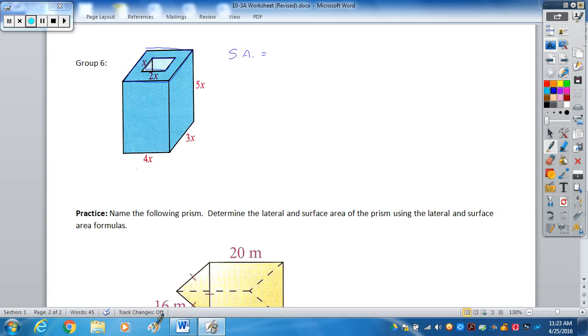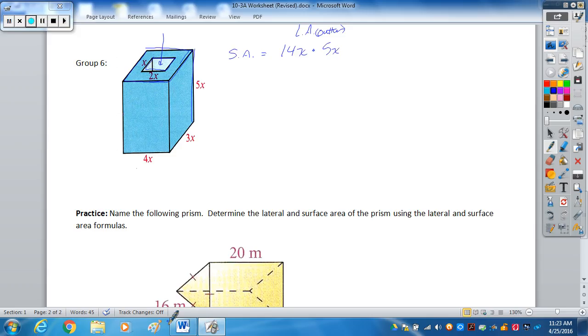If I do that, this would be 4x and 3x, that'd be 7x, another 7x. So 14x is the perimeter. And we're going to multiply that by the height of the figure, which is going to be 5x. Okay? That's the lateral of the outer. Okay? Now, what I want you to see is there's an inner part here as well.